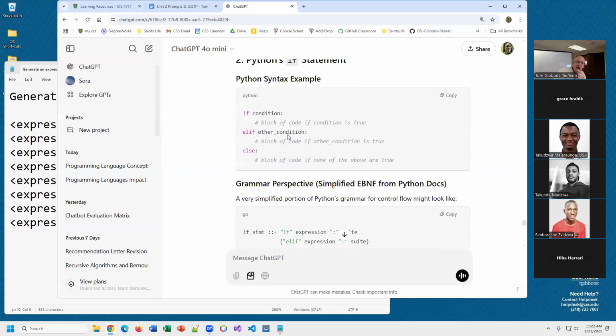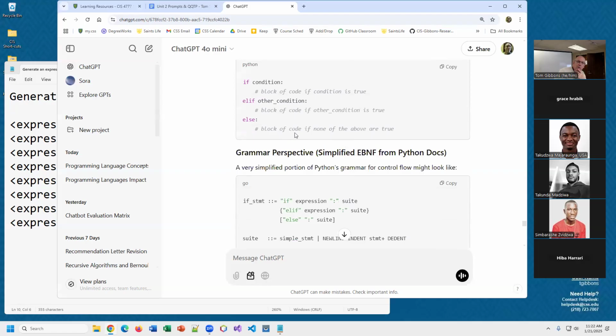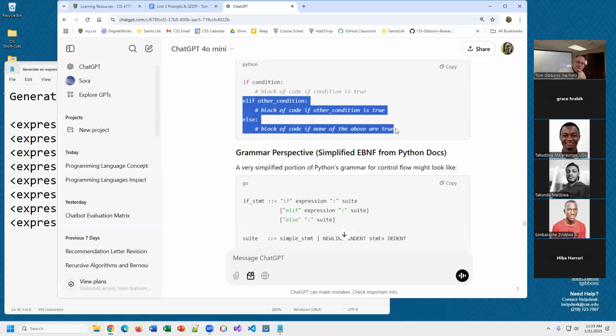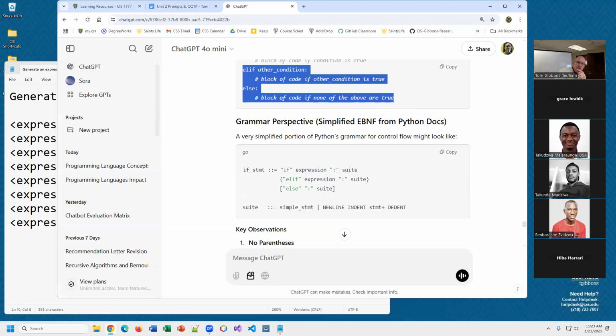How about Python? Now remember with Python, we say if some condition and then a colon. Rather than braces, we have forced indenting, either with tabs or spaces, and they always have to be the same. Then there's an else if, an elif, and then an else. Again, the elif and the else are optional here.